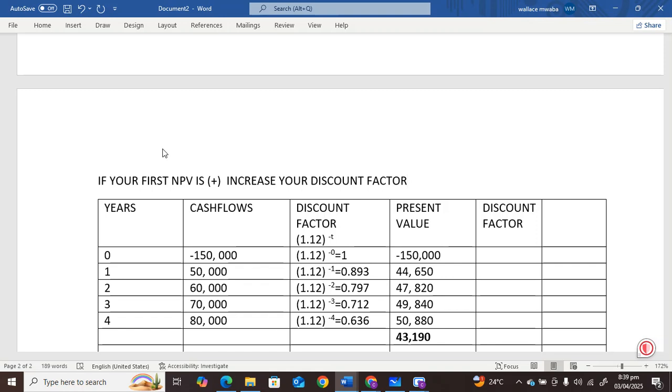Interpolation is more like trial and error. You start trying discount factors higher than 12%. You can try 13%, you try 14%. But in the exam, you don't have room to be trying trial and error. So one trick you can use is just multiply your discount factor by 2.